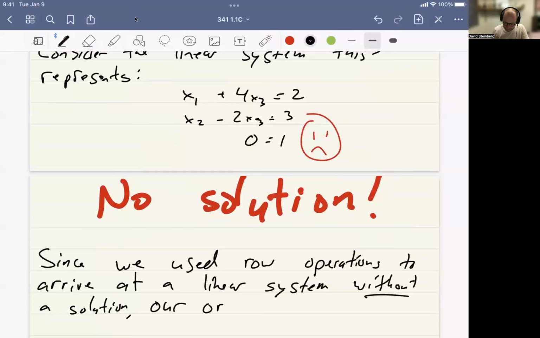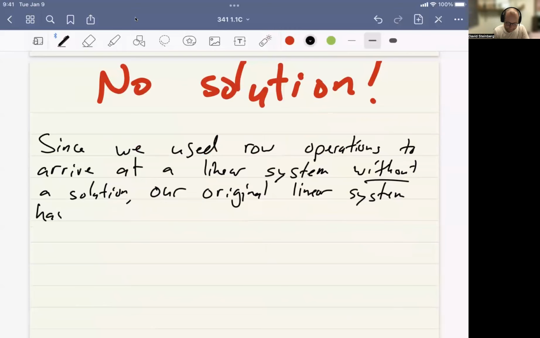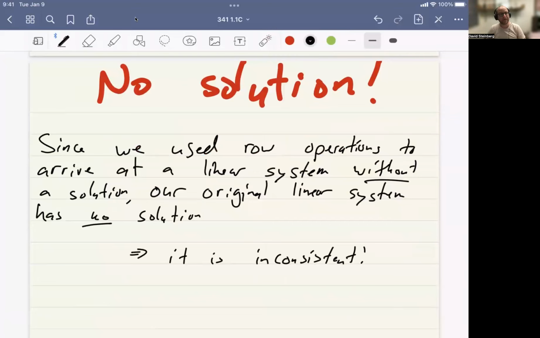Our original linear system has no solution, which means it is inconsistent. Okay, and that was the purpose of this problem.